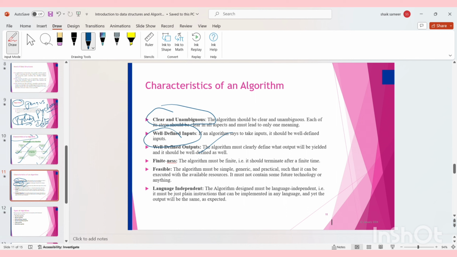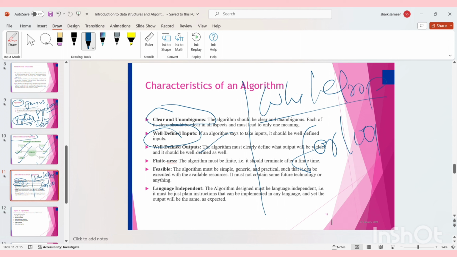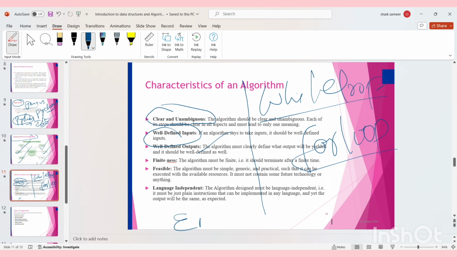Finiteness. If you take loops like a while loop or a for loop, they can terminate after the loop statements have been executed.